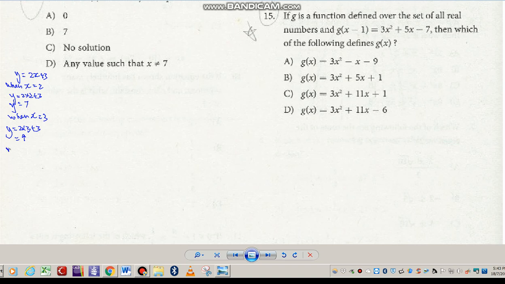Now let's say y equal to 9. When you're given y equal to 9, what's the value of x that makes y equal to 9?